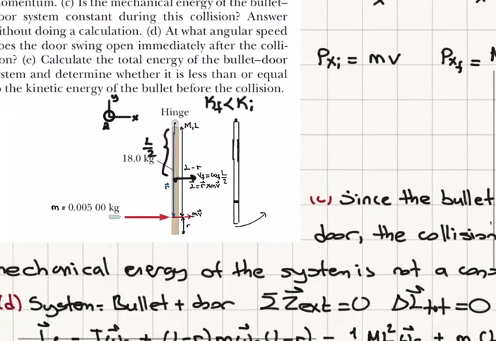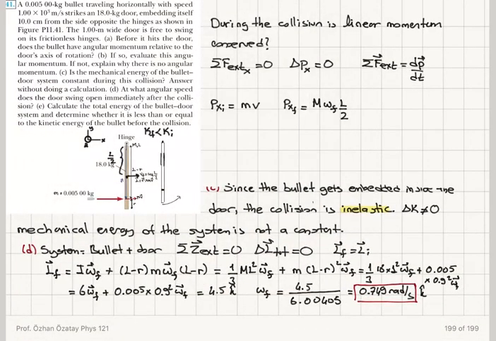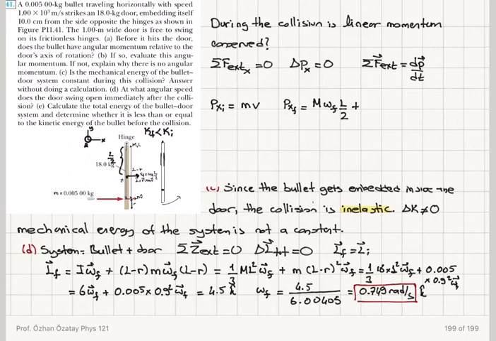So I would have a tangential velocity V final equal to omega final times L over 2 from the rotation. Right. So that would be the x component of the linear momentum from the door, and then, because the bullet is embedded inside, I would have mass times omega final times L minus R as the final linear momentum, and then I would equate these two.